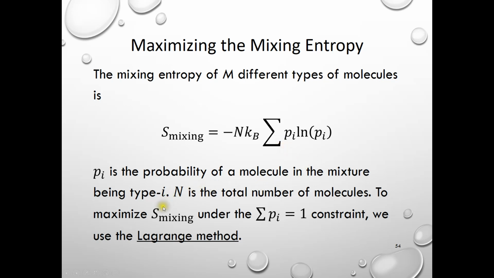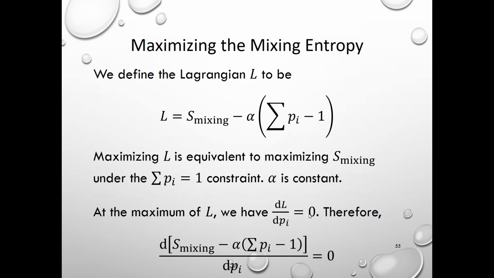And how do we maximize the mixing entropy under this constraint? We will have to use the Lagrange method. First, we define the Lagrangian to be the mixing entropy minus a constant alpha times the sum of Pi minus 1.